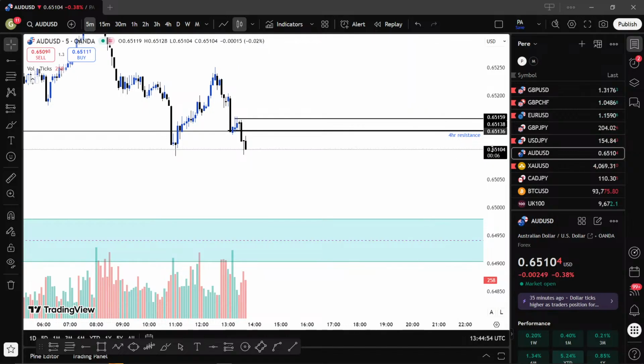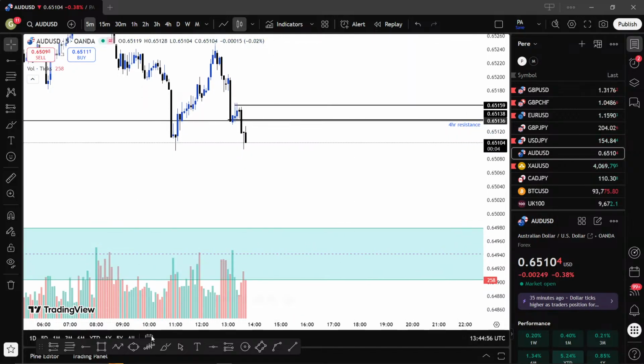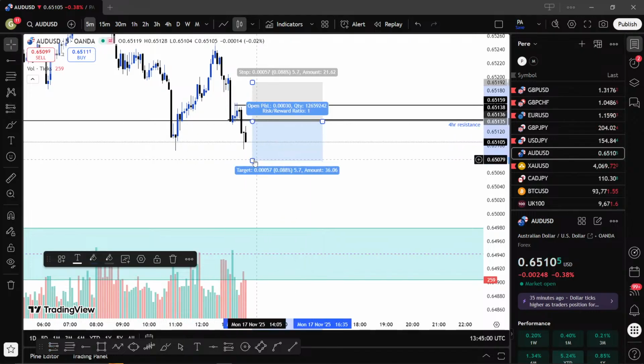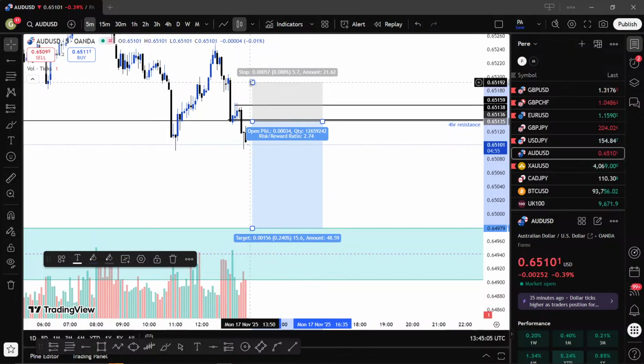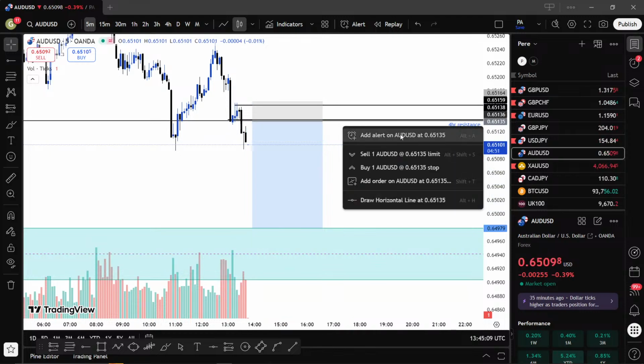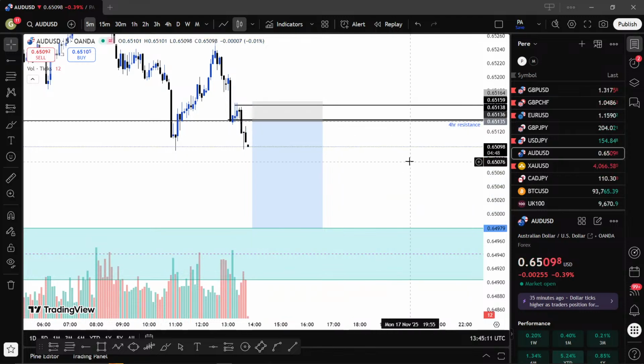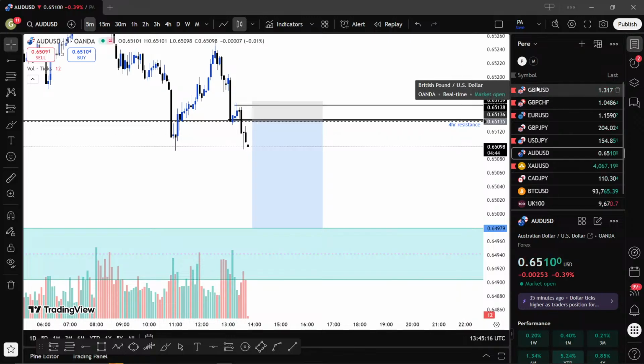For AUD USD, it's a bit far away from our supposed sell level. So what we are going to do is wait for a retracement back to this level, then we will sell AUD USD. Let me just keep an alert here. So we'll wait for a retracement on AUD USD, then we're actually going to sell it.